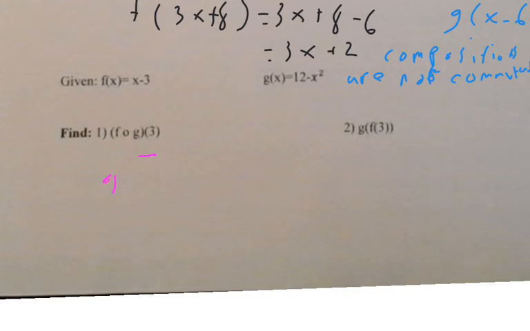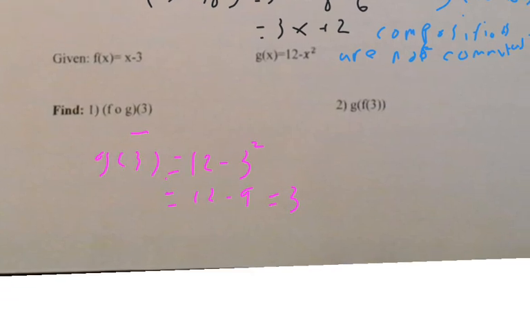So g of 3 equals 12 minus 3 squared, that equals 12 minus 9, and that equals 3. So now we have an answer here, so we plugged 3 into g of x, and now we're taking that answer we get and plugging into f of x.